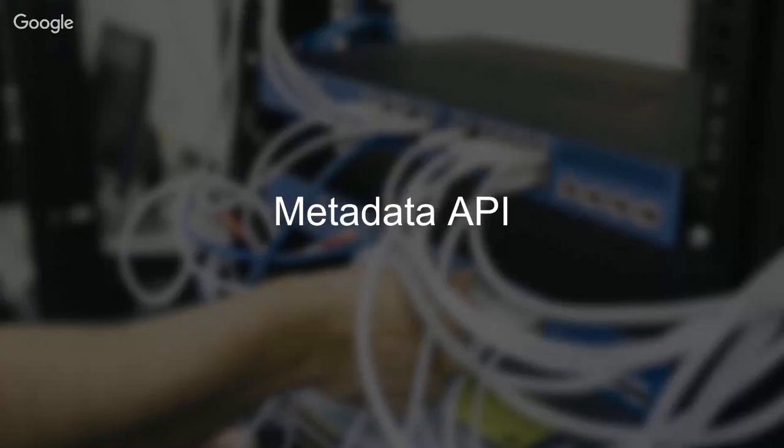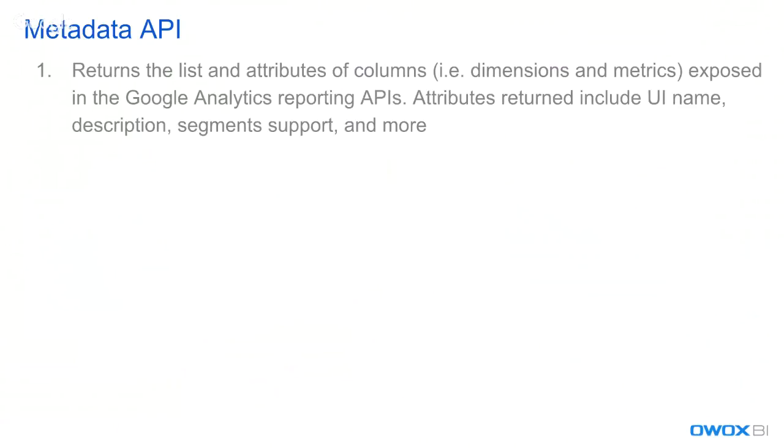The next API we will tell you about is the Metadata API. The Metadata API returns the list and attributes of dimensions and metrics exposed in the Google Analytics reporting APIs. You can see the whole list of dimensions and metrics that you can use, for example, in the reporting API or in the real-time reporting API.